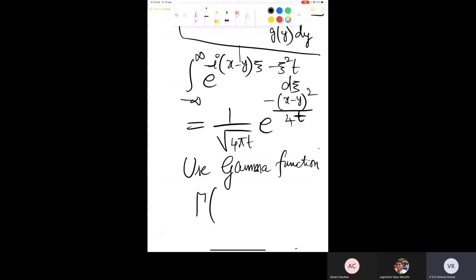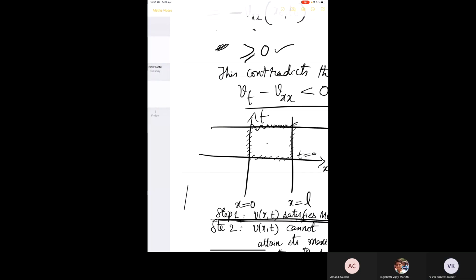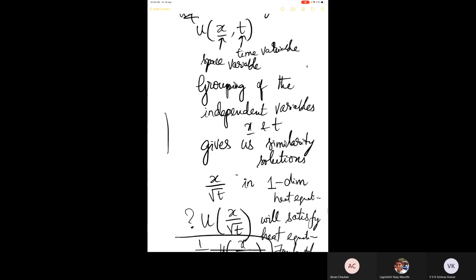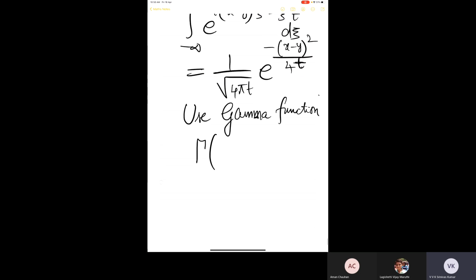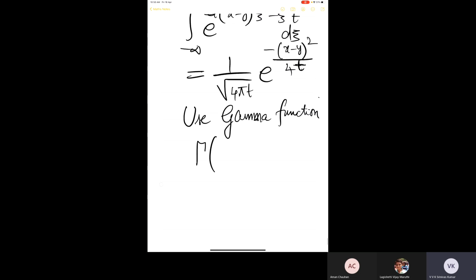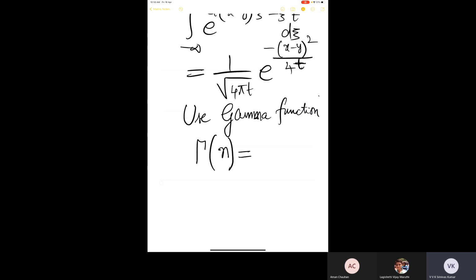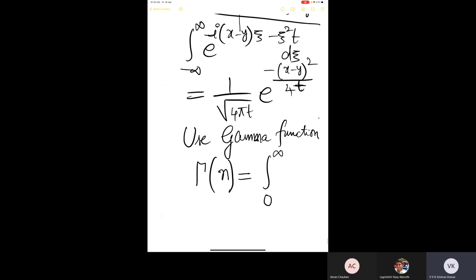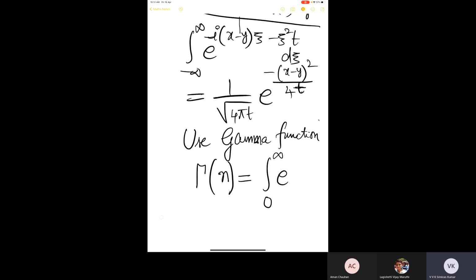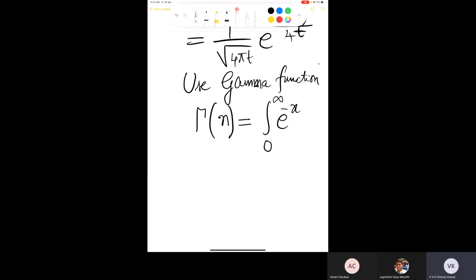We know the gamma function, gamma of alpha, is the integral from 0 to infinity of e power minus x times x power something.